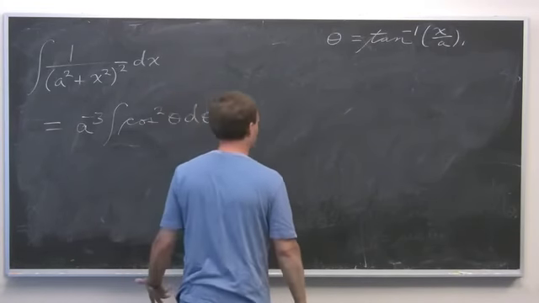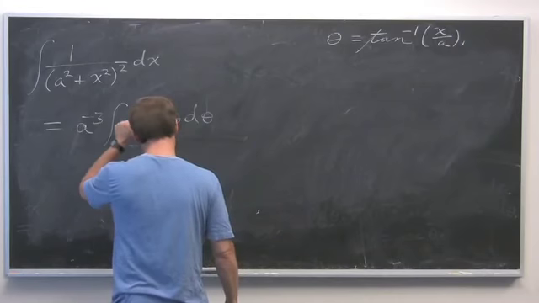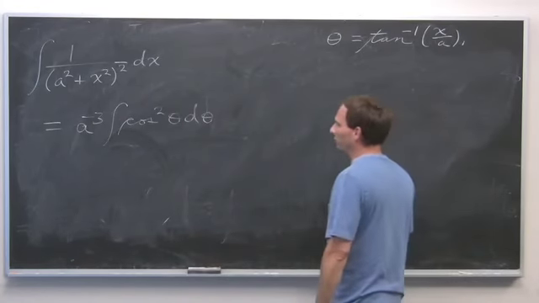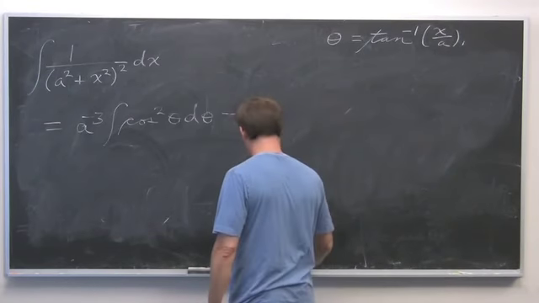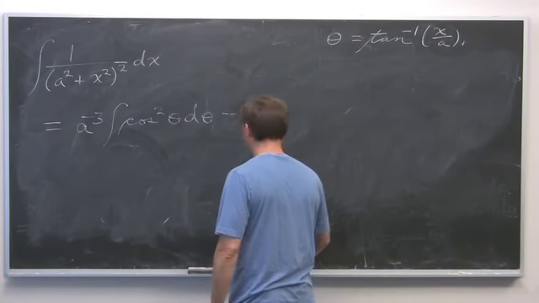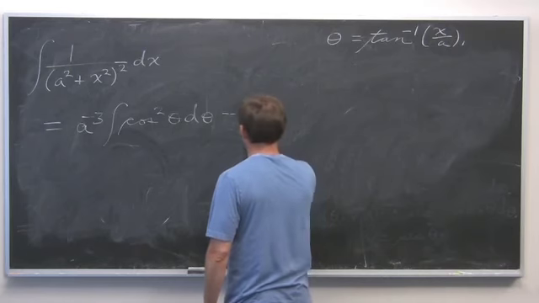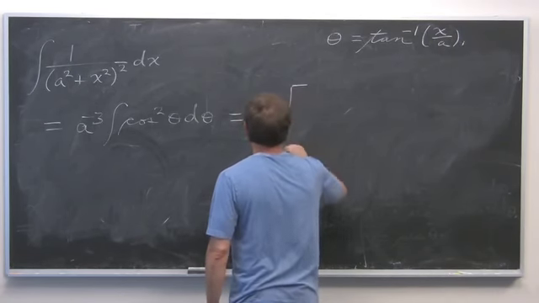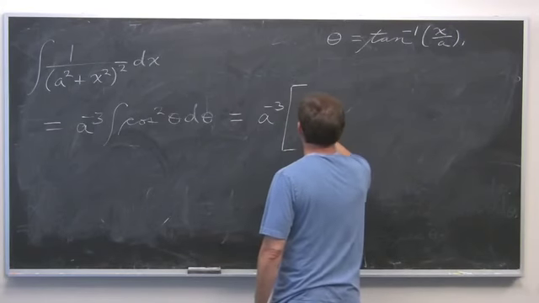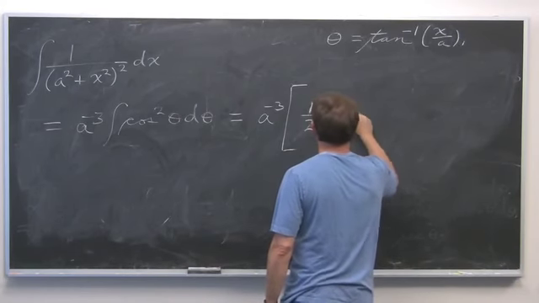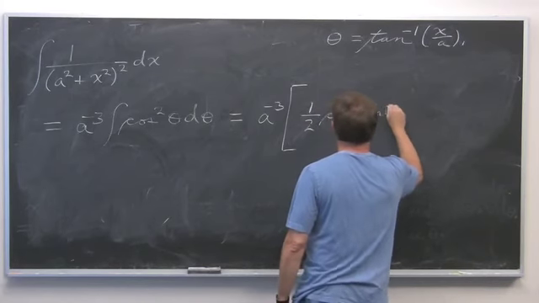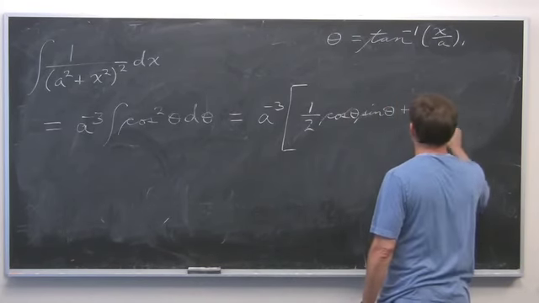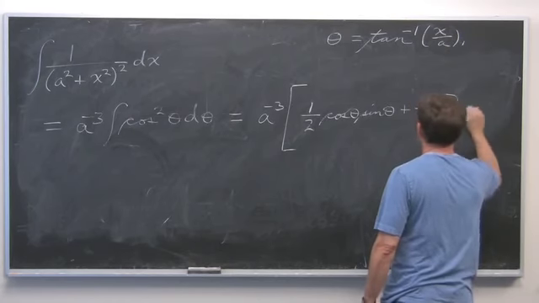Either you use the iteration formula, or you use the trig identity. What you get, either way, is a to the minus 3 times a 1/2 cosine theta sine theta plus a 1/2 of just theta plus a constant.